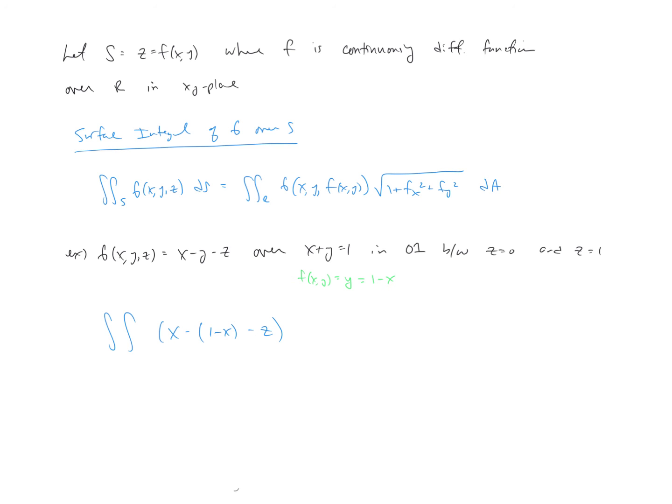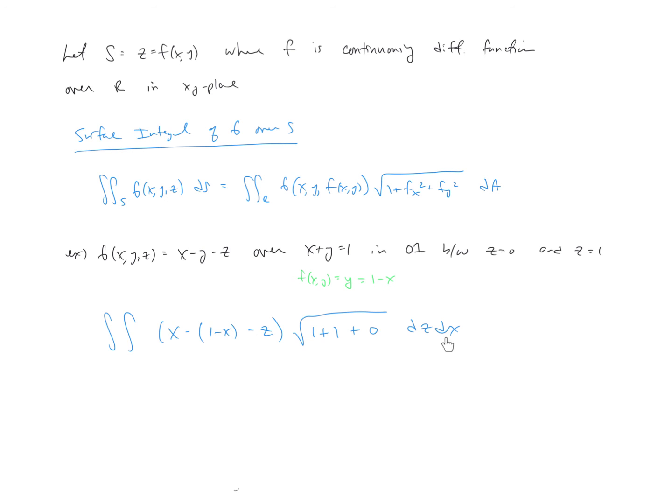Now when it comes to the square root, it's going to be 1 plus the partial with respect to x, which would be our negative 1 squared, so that'll be a 1, and then the partial with respect to z, which will be our 0. And then we'll have our dz and our dx. It's very important to distinguish which parameters you're using. Up here I had x's and y's in the most general sense, but the way I solve this, I've chosen to go with x's and z's. So just keep track of that when you run those partials.